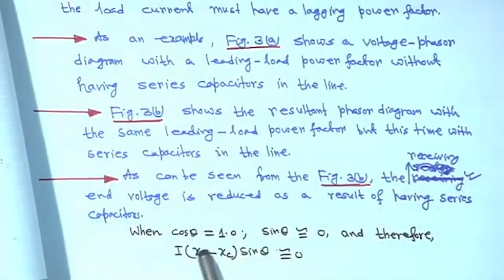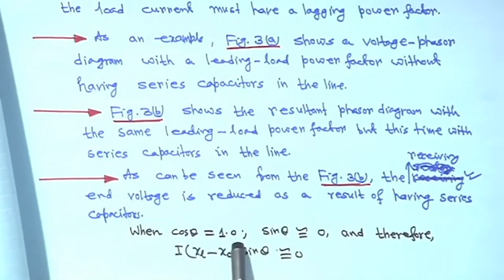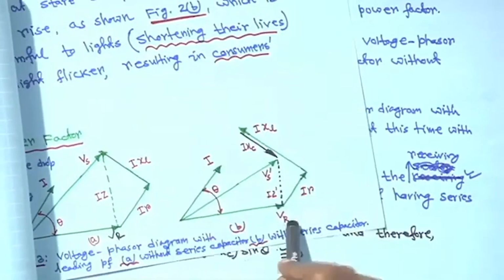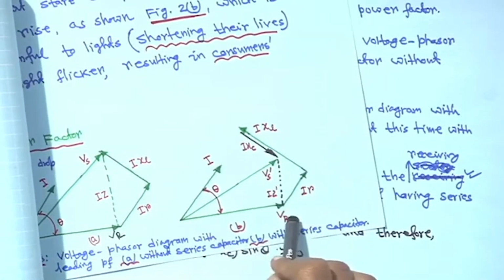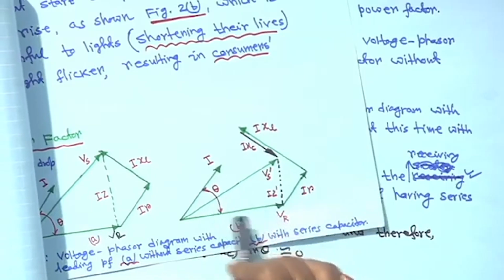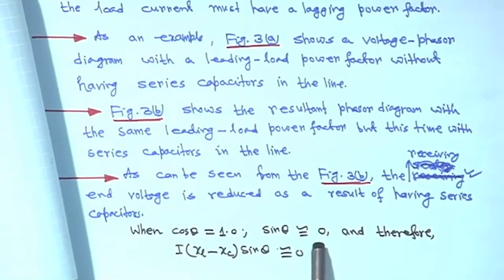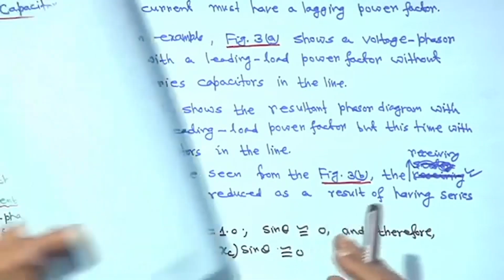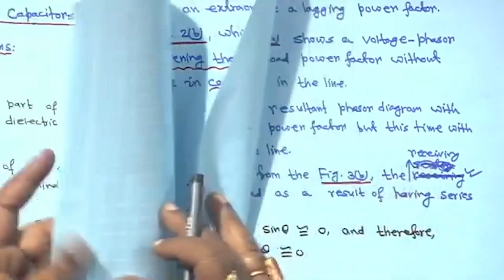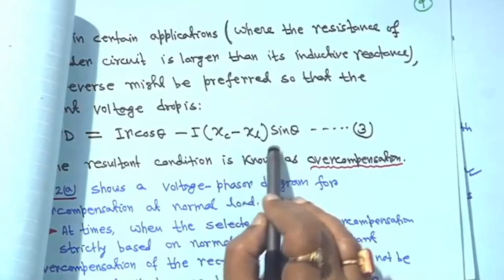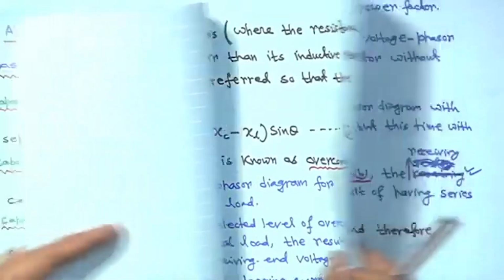If you assume the unity power factor case, say cos theta is equal to 1, then I and Vr are in the same phase, theta is 0. In that case, sin theta is approximately 0, and therefore I into (XL minus XC) sin theta is equal to 0. This term is becoming 0 in equation 3.